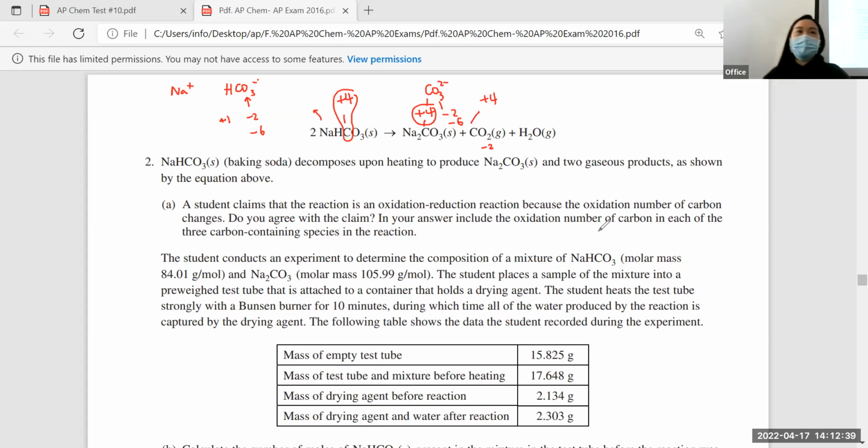So this claim is wrong. Why is it wrong? The oxidation number of carbon in each of these is +4. So 1 point for saying no or disagreeing with the claim, and then +4.